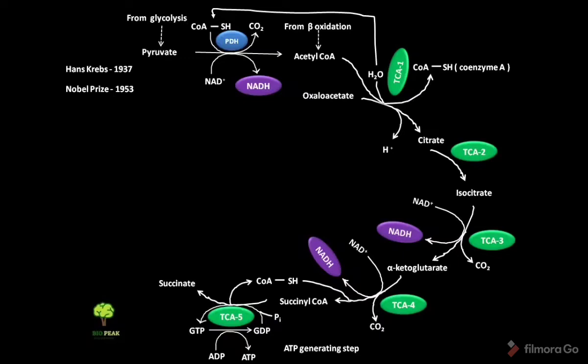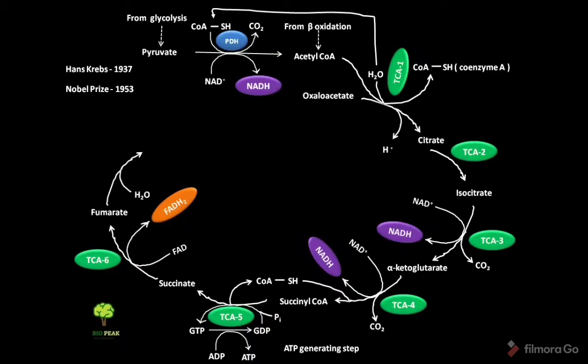Then the succinate forms fumarate. In this reaction, the coenzyme FAD forms its reduced form called FADH2. This step is named TCA6 and is catalyzed by a membrane-attached enzyme called succinate dehydrogenase. The fumarate then combines with H2O to form malate.